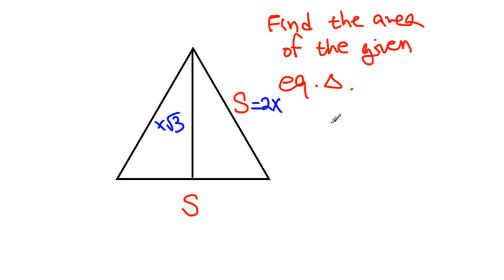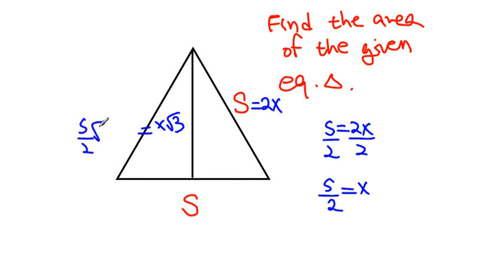Then, since s will be equal to 2x, by dividing by 2, we get to realize that x must be equal to s over 2. Now, since we know the value of x, this must be equal to s over 2 square root of 3. That will be our new height. And this one is the base.